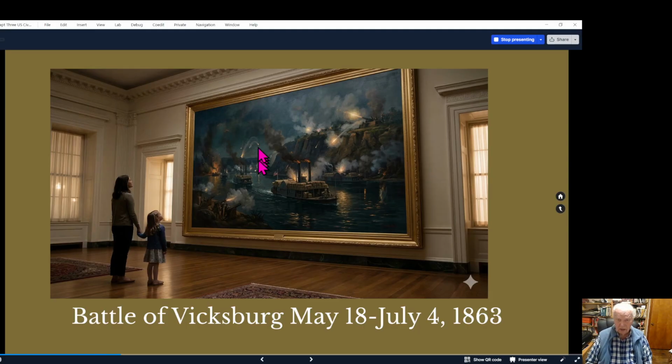And so Farragut decides he's going to run. Here are the batteries up here on the bluffs, the Confederate batteries looking down. This is why they blockaded the river so effectively. But what Farragut does, you can see here in the image, is that he loads bales of cotton on the decks of his ships so that they're fortified. They're not ironclad yet, they're kind of cotton clad, but it works.